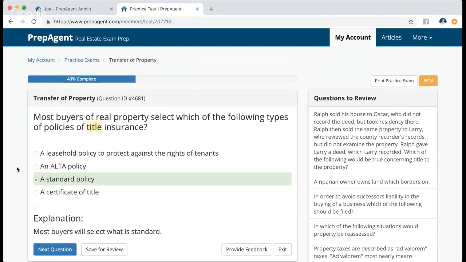Okay, C, a standard policy. Tiffany, ALTA is the American Land Title Association, so it's mostly used by lenders.